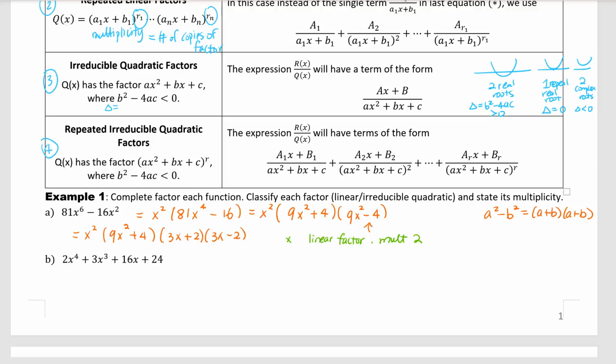So it will be multiplicity 2, but still a linear factor. 9x squared plus 4 is an irreducible quadratic with multiplicity 1. And then 3x plus 2 and 3x minus 2, they are both linear factors with multiplicity 1. So far, so good, everybody?